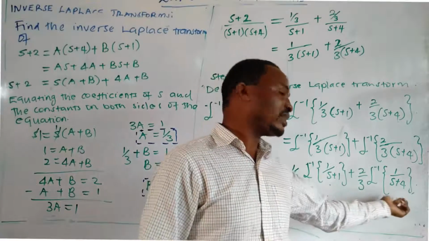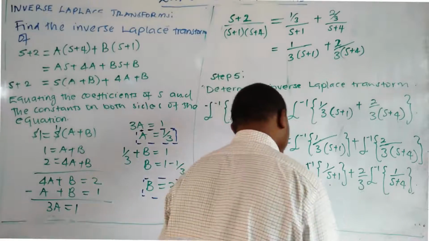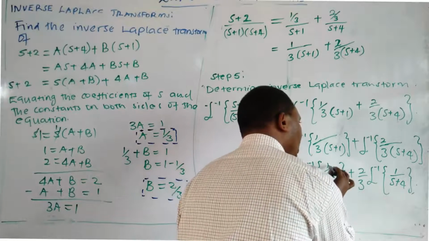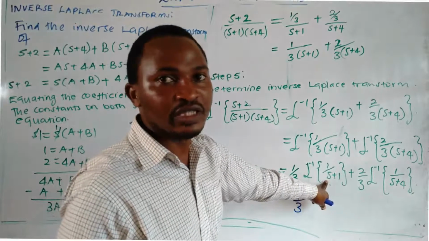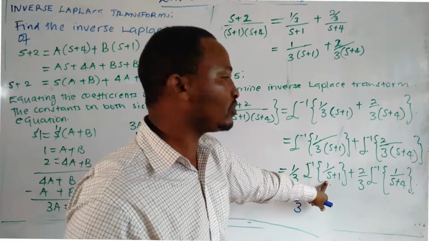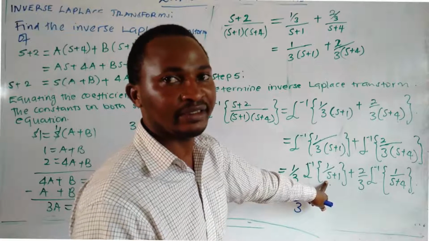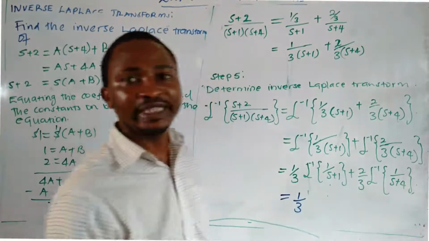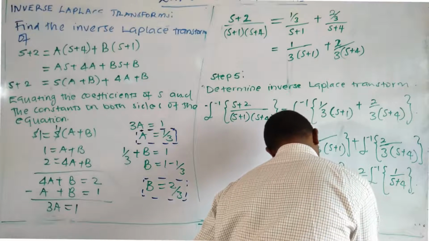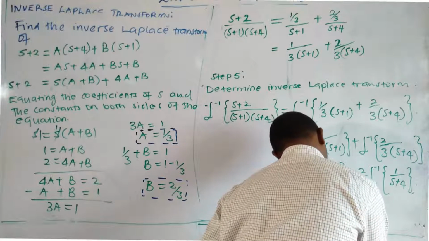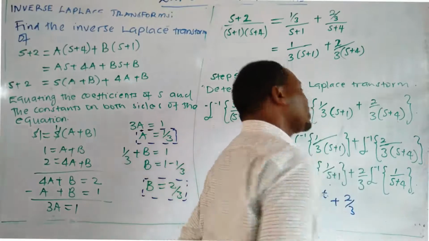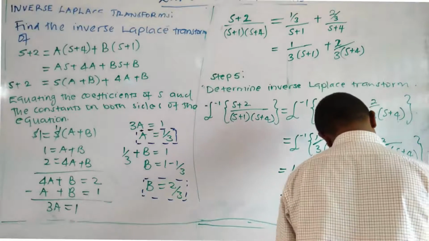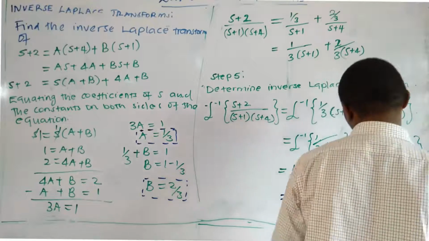If you check from the table, the inverse Laplace transform of 1 over s plus a gives us e to the negative at, but a is 1, so it will be e to the negative t, plus 2 over 3. Again, this one is of the form 1 over s plus a, which will give us e to the negative 4t. So we are done.